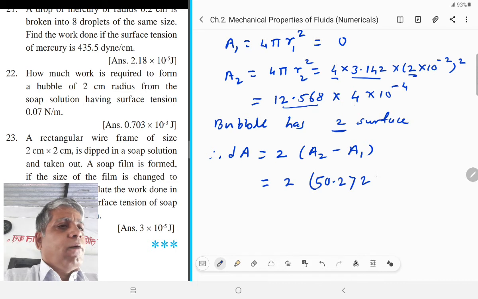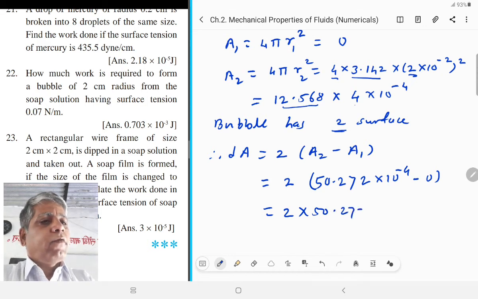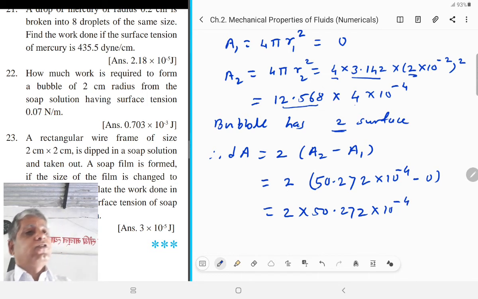So 50.272 minus 10 raised to 4 minus 0, and therefore that is equal to 2 into 50.272 into 10 raised to minus 4. This is the change in surface area.